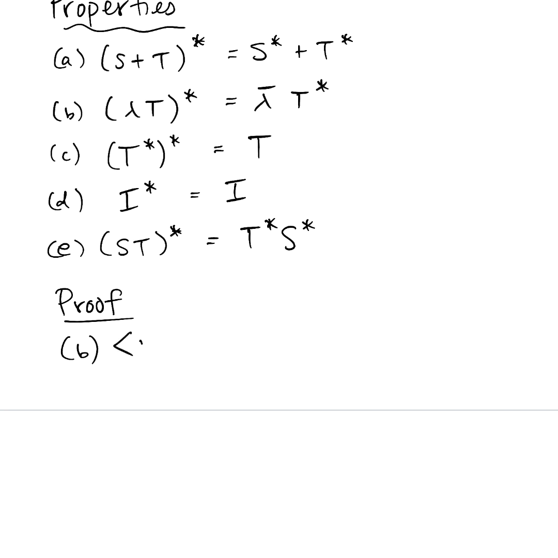So let's think about V, inner product with the adjoint of lambda T acting on W. All right, let's think about what that is.